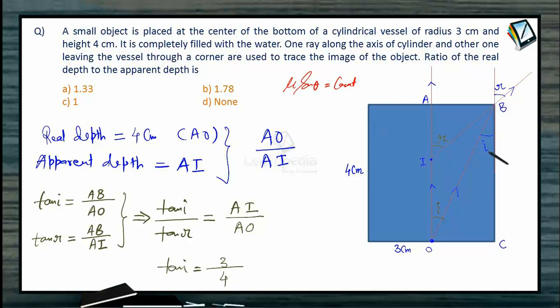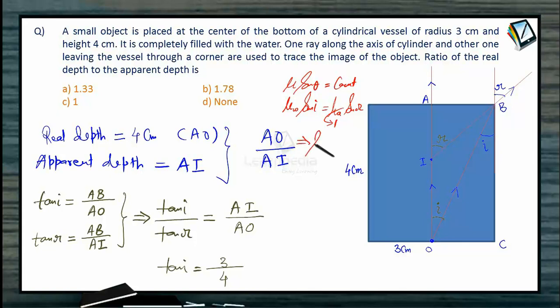Here the angle I is associated with the water and angle R is associated with air. So mu of the water multiplied with sine I will be equal to the mu of air, which we take as 1, into sine R. So mu air is 1.